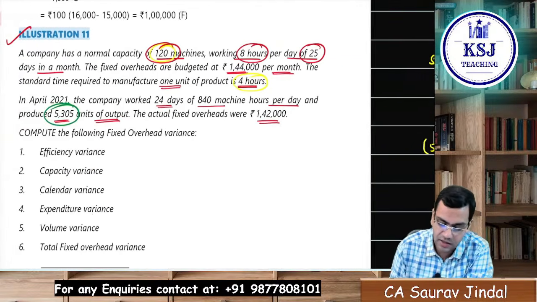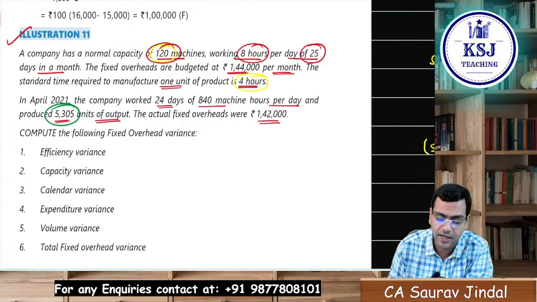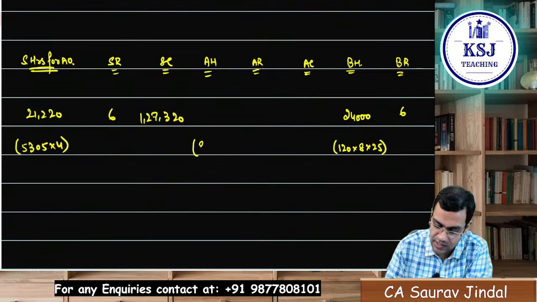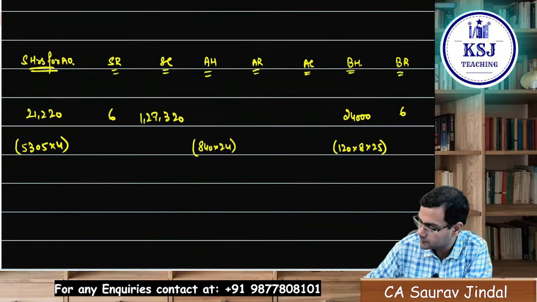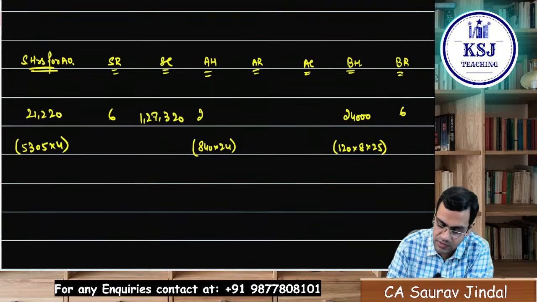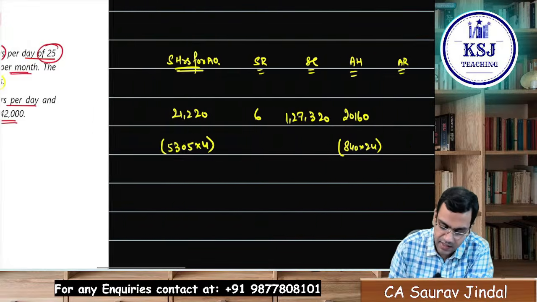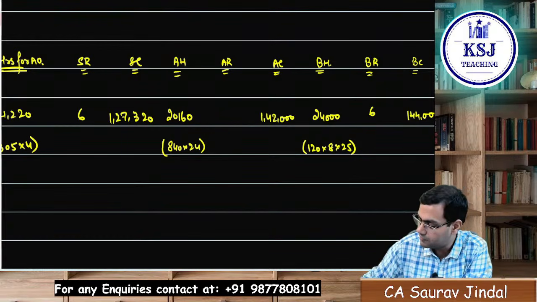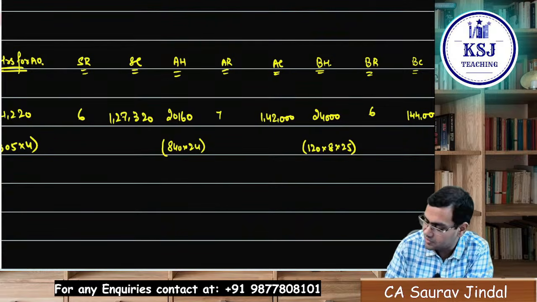Actual hours are 840 machine hours per day multiplied by 24 days, that is 20,160, and the actual cost is given 1,42,000. 1,42,000 divided by 20,160, that is 7.044.